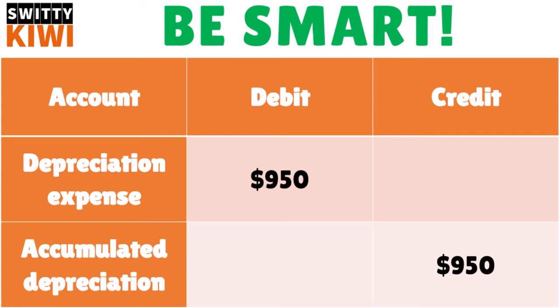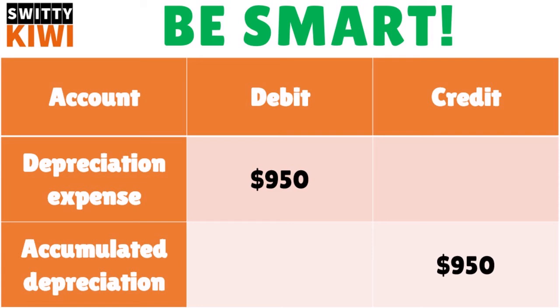Now, in accounting, we don't call this a credit account. It is a contra asset account. In other words, accumulated depreciation reduces the value of an asset. So it is a contra asset account.